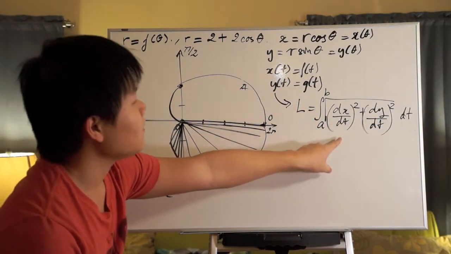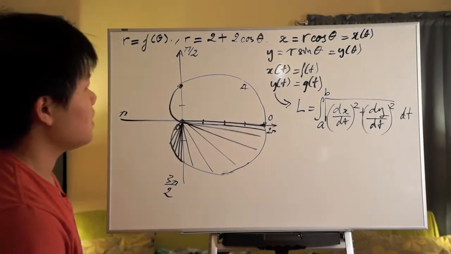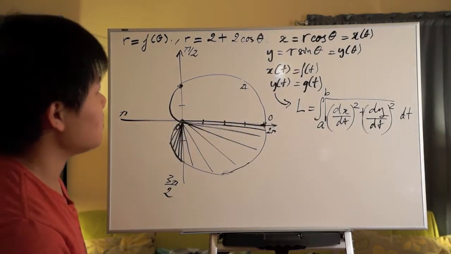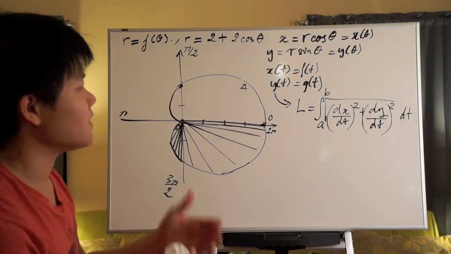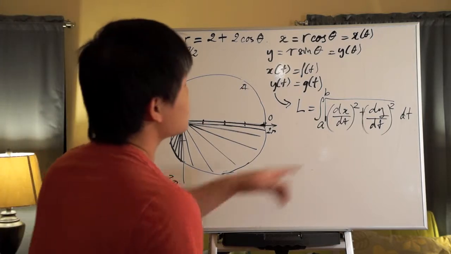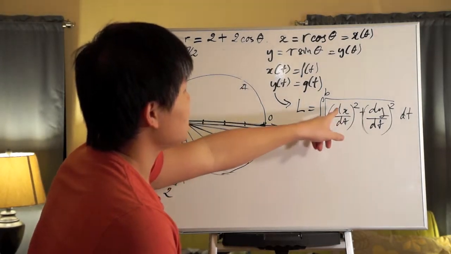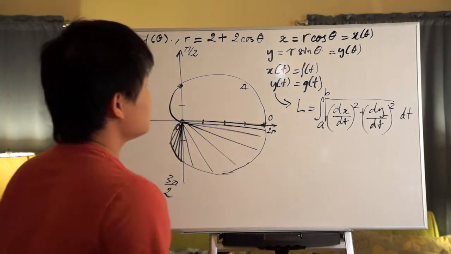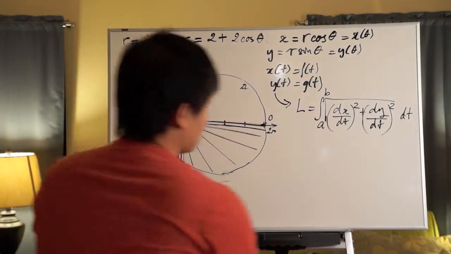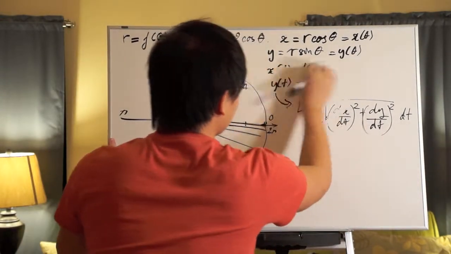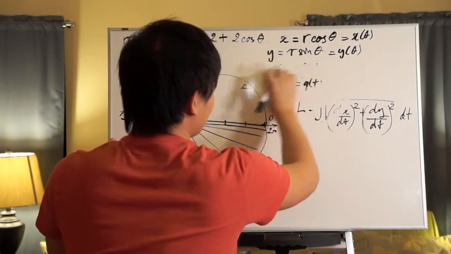But how do we go from this form to that form? It's not quite the same, but it follows the same principle. We know that we have to take the derivative, so keep that equation in mind.